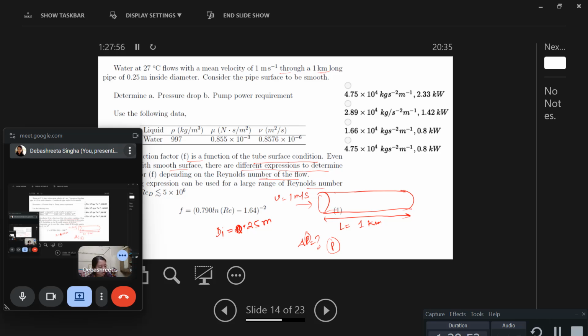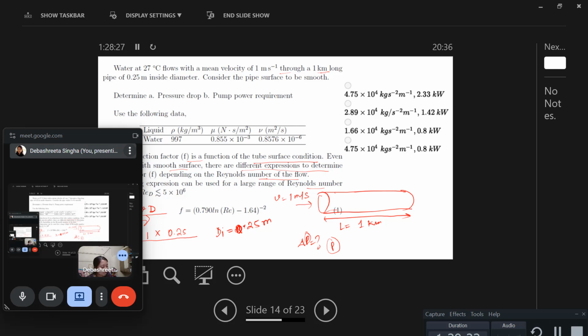Reynolds number is equal to V into D divided by nu. So V is 1 meter per second into diameter 0.25 divided by nu.